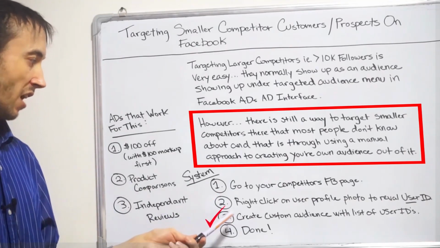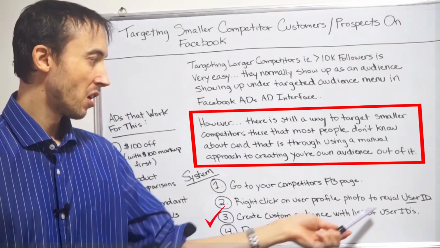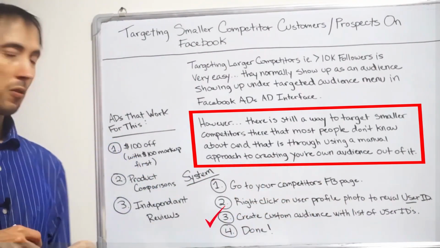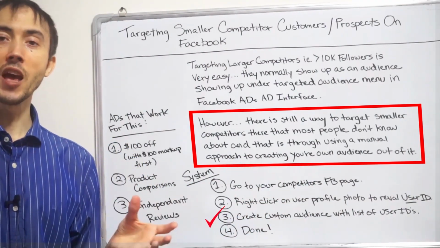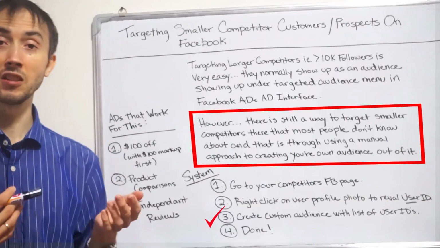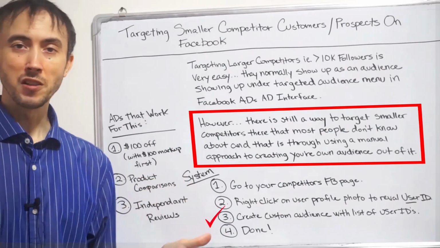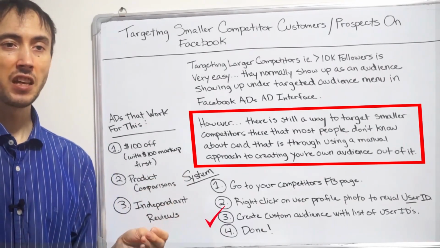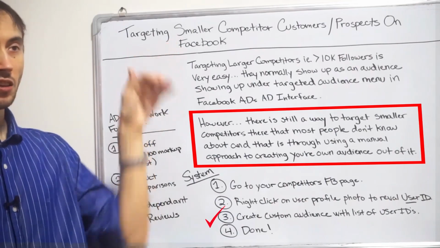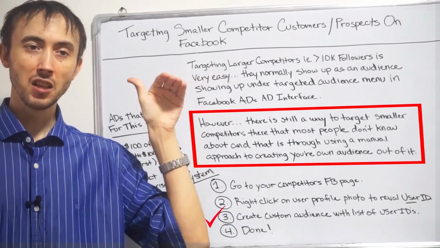Okay. Next, once you've got the user IDs, create a custom audience with lists of user IDs. You can Google how to create a custom audience if you need to. It's a staple of a lot of top Facebook marketers out there. Realistically, you should always be targeting the audiences that are most likely to be ROI-positive first.